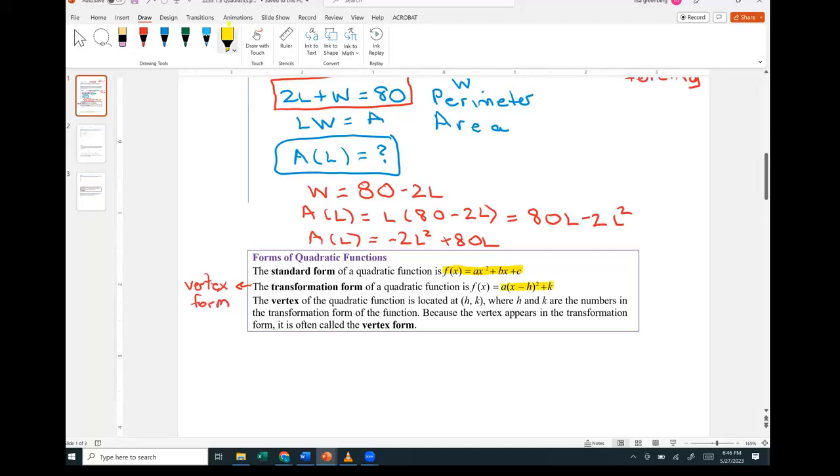We call it vertex form because we know that the vertex is going to be (h, k). So if we have something in this form, (h, k) is the vertex, which is the same as saying the turning point. So even if we have a function that looks like this, wherever it turns, this is the vertex.